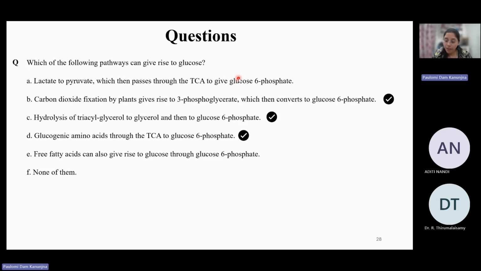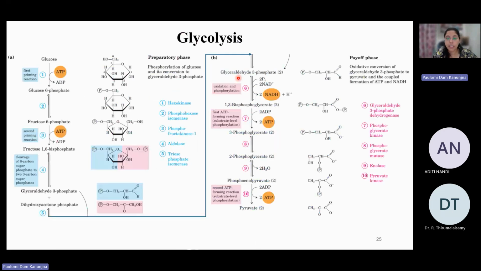in the forward direction. For example, let me quickly give you one brief example. Where's the enzyme? Here, phosphofructokinase. This fructose 6-phosphate gets converted to fructose 1,6-bisphosphate. And if you remember, this is one of the committed steps of glycolysis. Now, this is a highly regulated step.